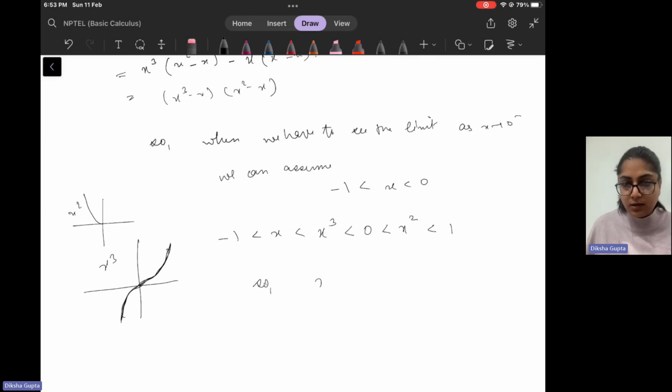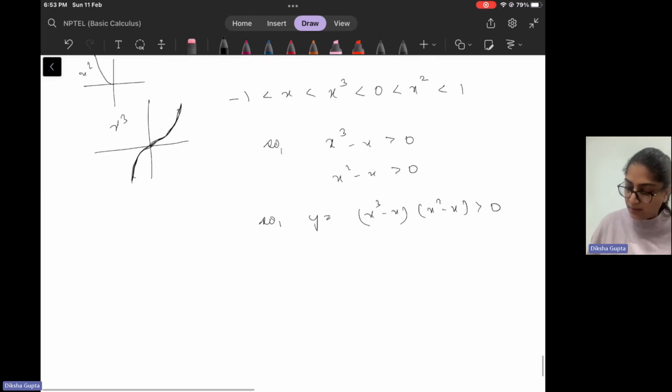So what do we have here? That x cube minus x is positive and x square minus x is positive, right? So again, y equals x cube minus x and x square minus x is positive.